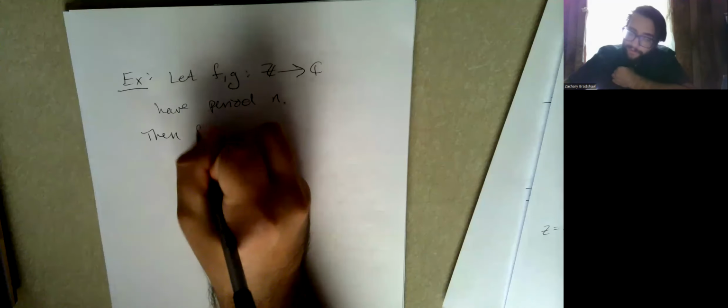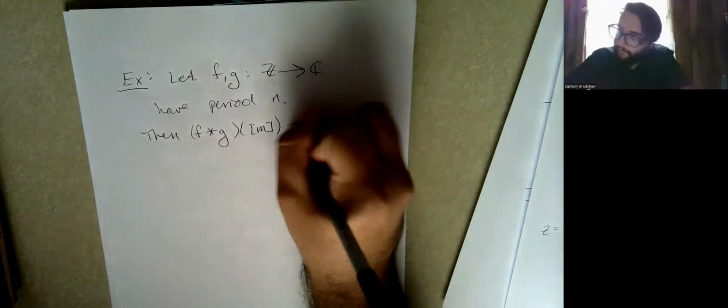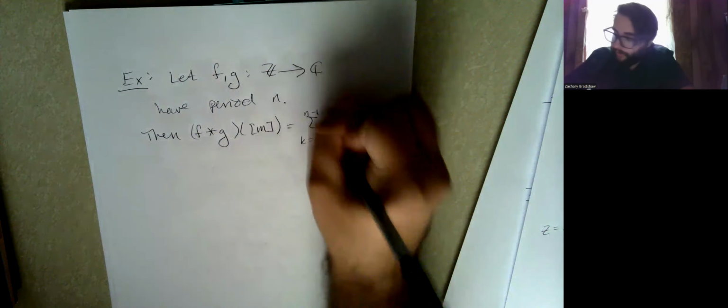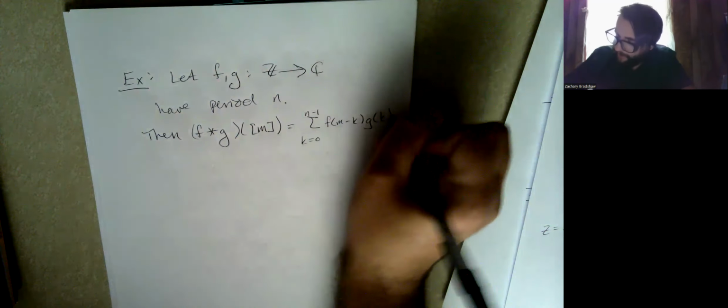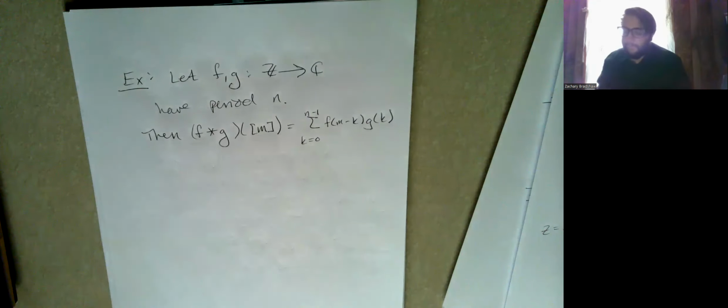So what's the convolution in this case? Well, the convolution applied to the equivalence class m modulo n is the sum k equals 0 to n minus 1 of f of m minus k, g of k, and that's the convolution formula that we're probably familiar with.